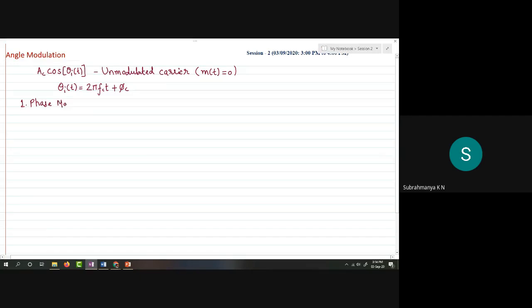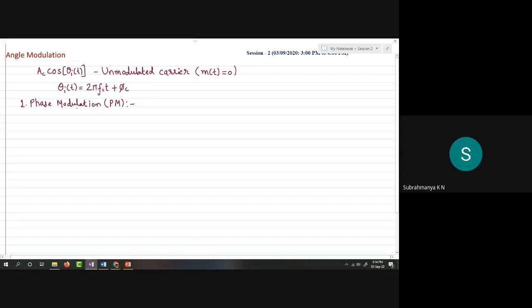Phase modulation, in short form called PM, is that form of angle modulation in which the instantaneous angle theta_i(t) is varied linearly with the message signal m(t).